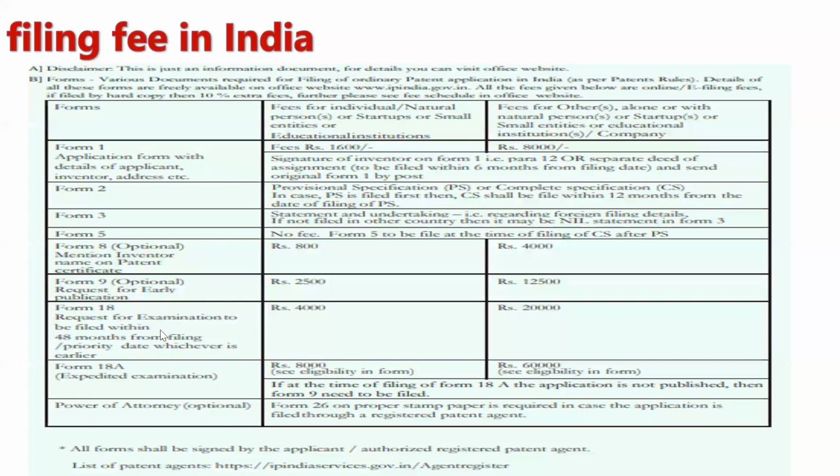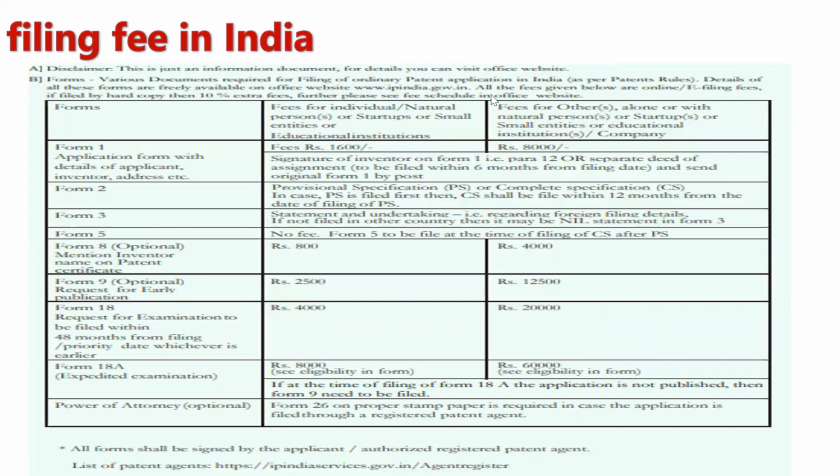If you want to request for examination, then you have to give 4000 rupees. Different charges are there that you have to give at the time of filing. At first instance, if I am filing through the individual category, I feel that okay, total 5600 I have to pay.